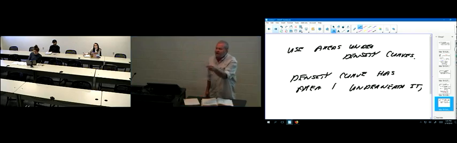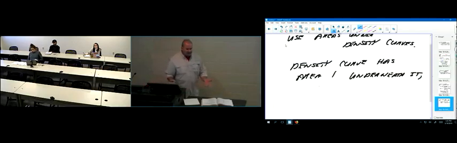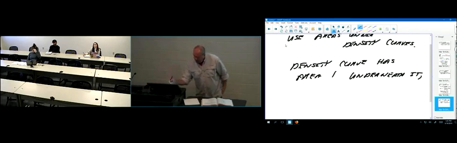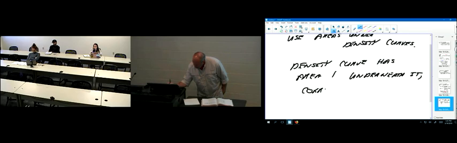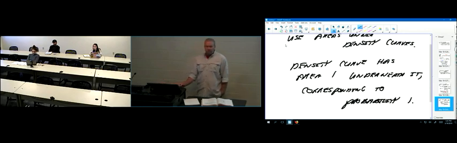The notation is going to look exactly the same, because that density curve having area 1 underneath it corresponds to probability 1. In chapter 3, I'd have written proportion 1.